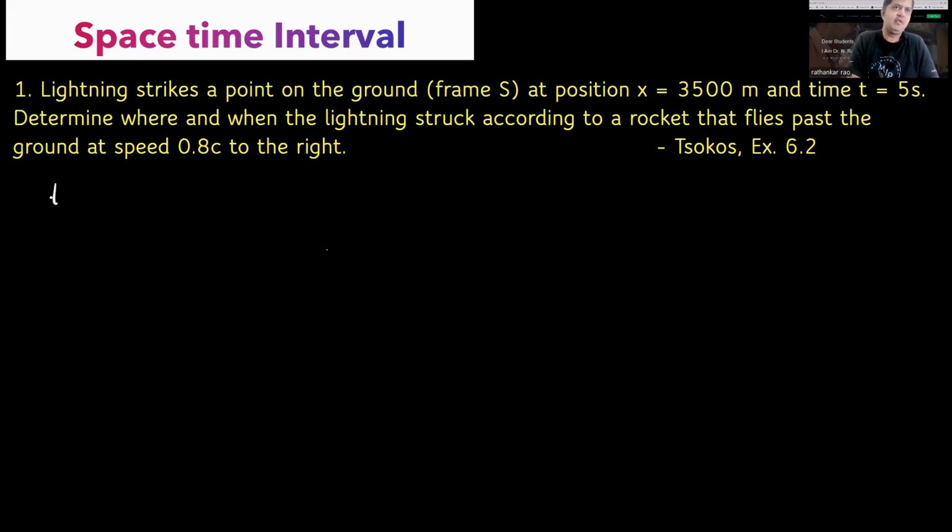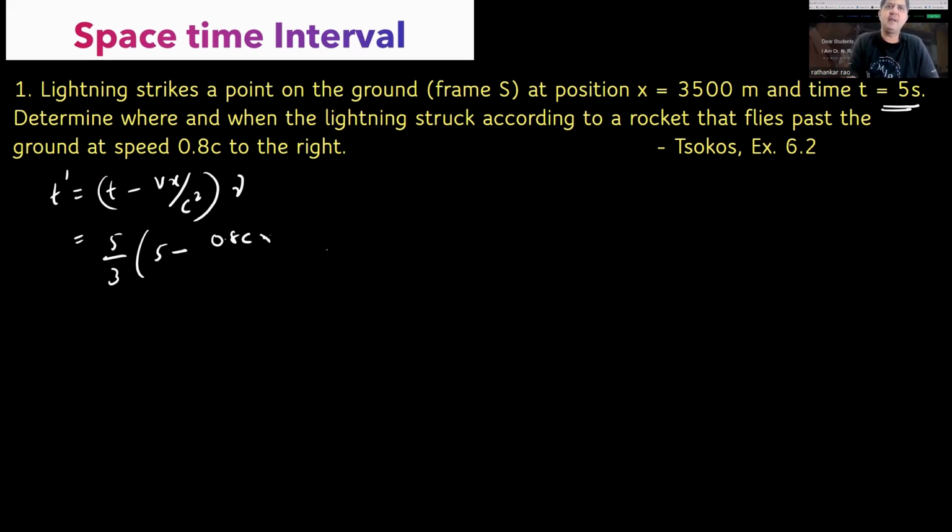We know the relativistic equation for time is given by t dash is equal to t minus vx divided by c square, multiplied by gamma. The value of gamma we already know, which is 5 by 3. So I just substitute 5 by 3 into t. What is the time here? In the stationary frame, it was 5 seconds. 5 minus, what's the value of v? 0.8c multiplied by x.